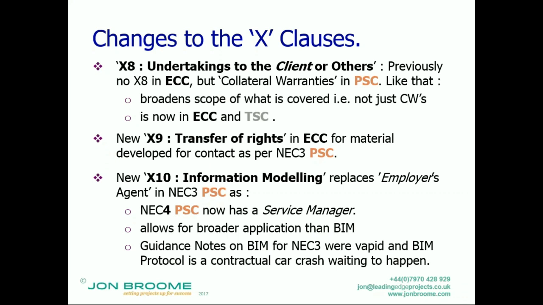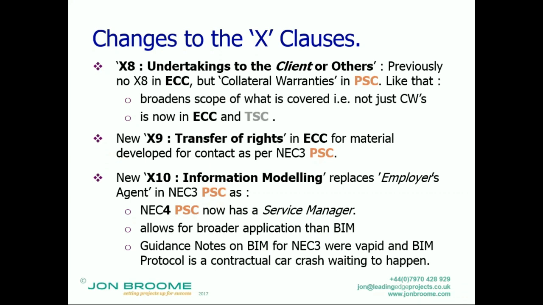And the other reason why I like it was that actually they did produce a guidance note on the use of BIM with NEC3, but it was absolutely vapid. Really, there was no meaningful content in it. It just referred people to what's called the BIM protocol, which is a set of add-on clauses, and expressed a few concerns.